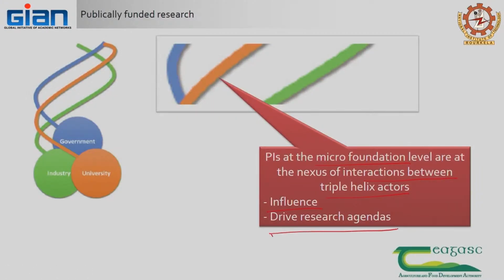That is why I just read a quote from this particular paper. Other one, PIs at the macro foundation level are the nexus of interaction between triple helix actors that influence and drive the research agenda. Now, it is a quadruple helix model, and the fourth element is also added into it, but I do not want to go too deep into the philosophy of research and science. There are a number of different journals who are only focusing on these types of things.